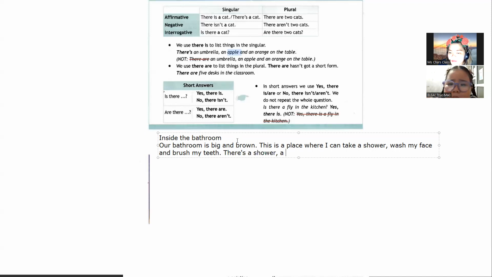All right, and a toilet. How about something that isn't there? Negative. There isn't a bath. All right, you mean a tub? There isn't a tub.